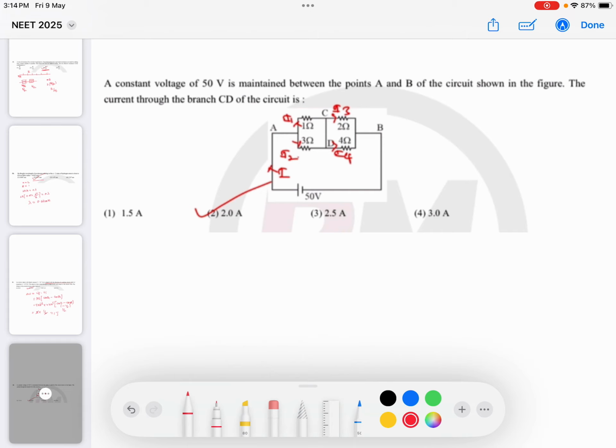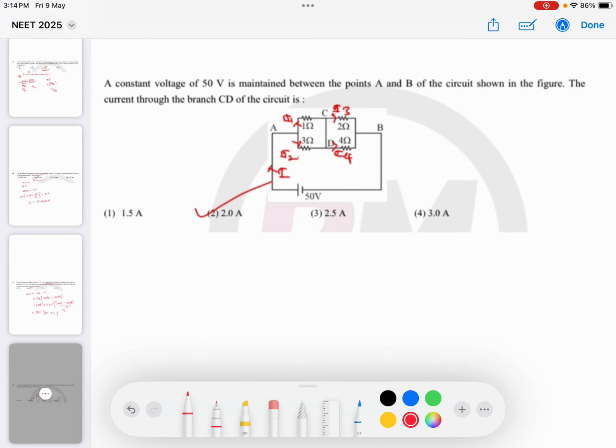Next one, current electricity. So potential divider rule. Here they are asking the constant voltage 50 volts maintained between the points A and B in the circuit as shown in figure. The current through the branch C to D is.